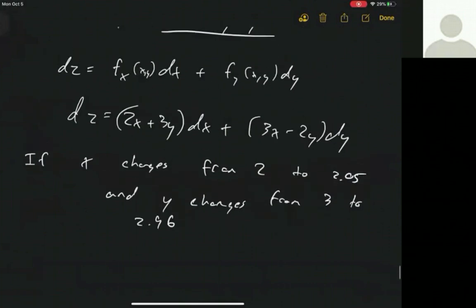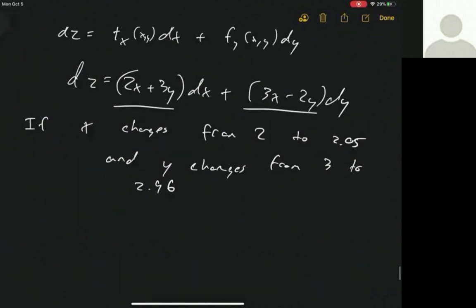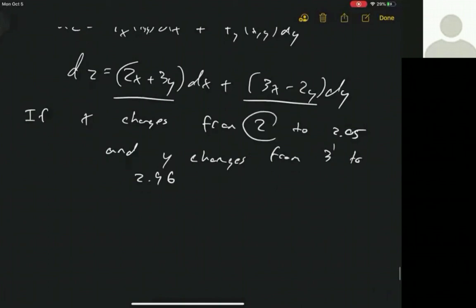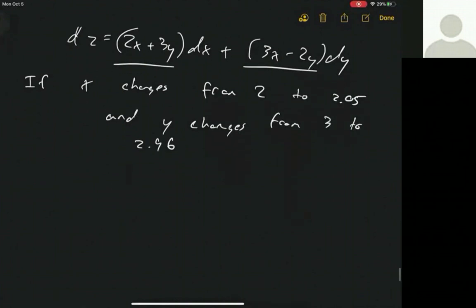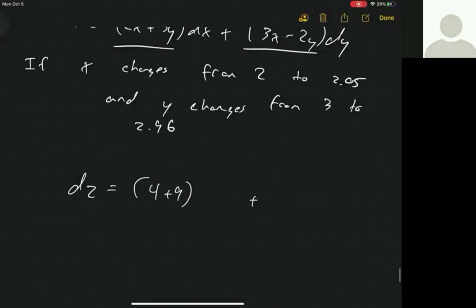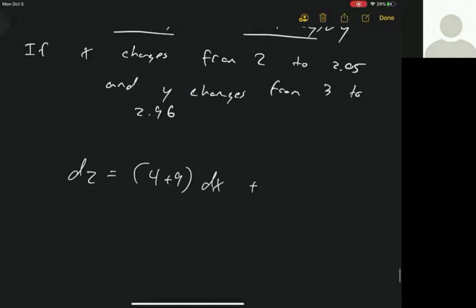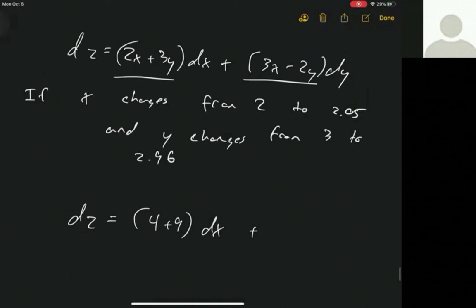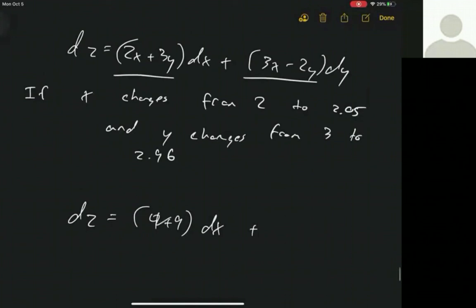Okay, I have my partial derivatives here, right? So what are those partial derivatives at my starting point of 2, 3? Basically I'm just going to plug 2 and 3 in for my x and y. So I have 13 here.